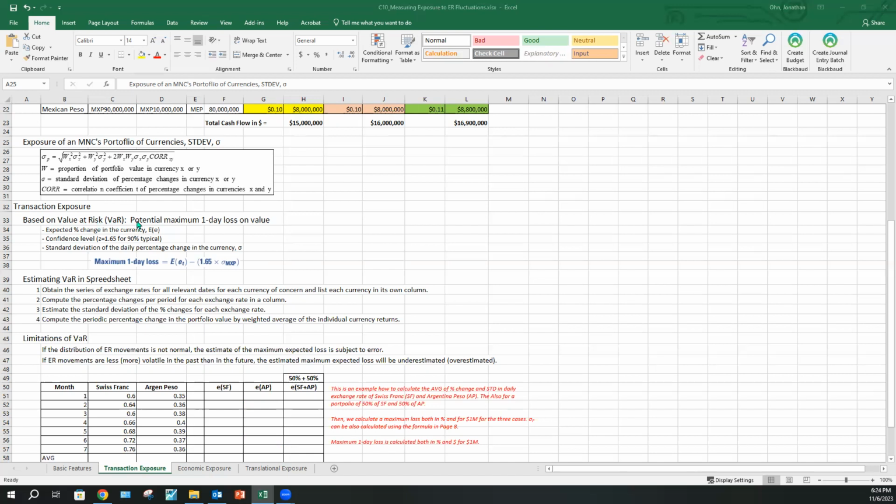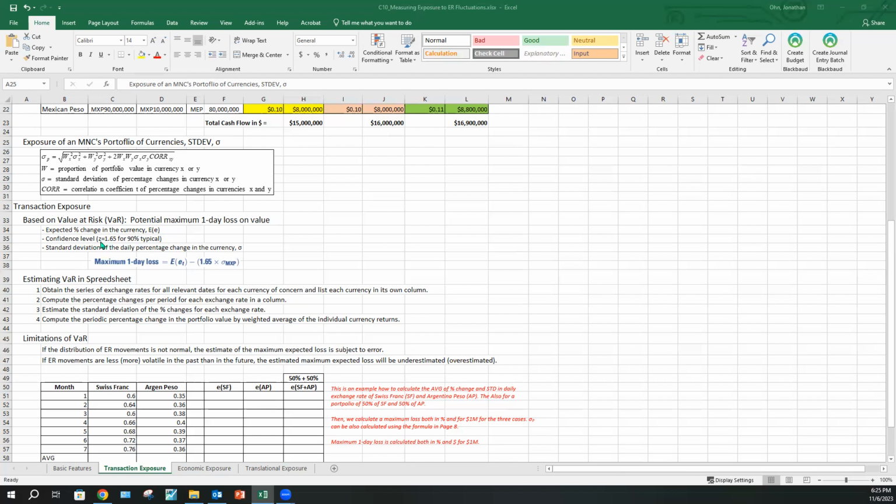It is the potential maximum one-day loss on value. The formula is this one. There are three inputs. One is the expected percentage change in the exchange rate. And then the z-value, 1.65 for the confidence level. Probably you remember this from your statistics class.